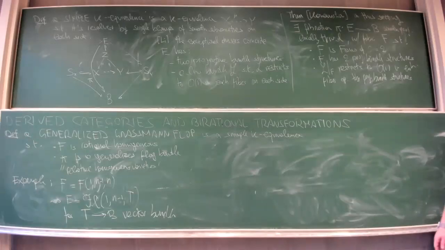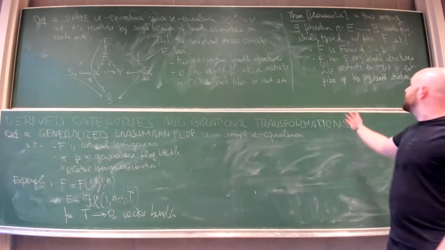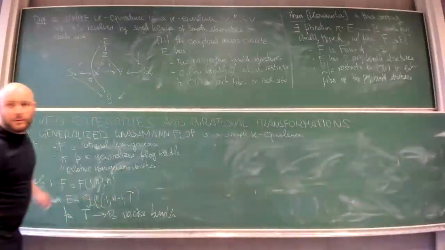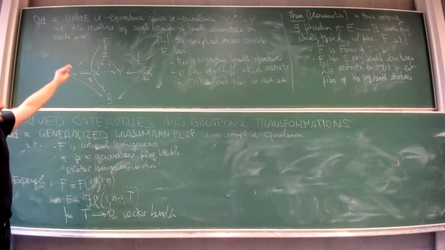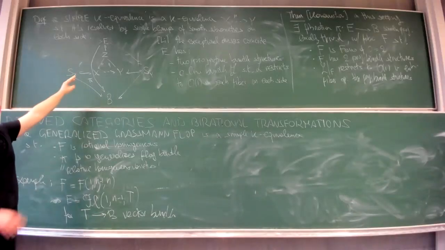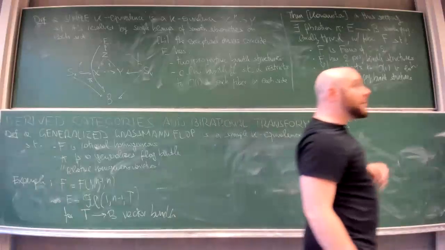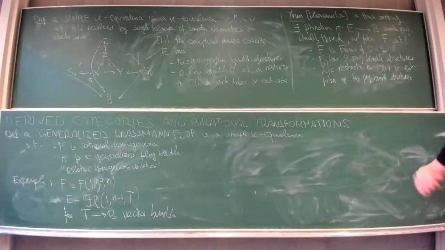Yeah, for instance, you can consider a situation where, before, the example I raised here was given by blowing up a projective space from one side and an isomorphic projective space from the other side. If instead of blowing up projective spaces you blow up projective bundles over a common base, you get that.